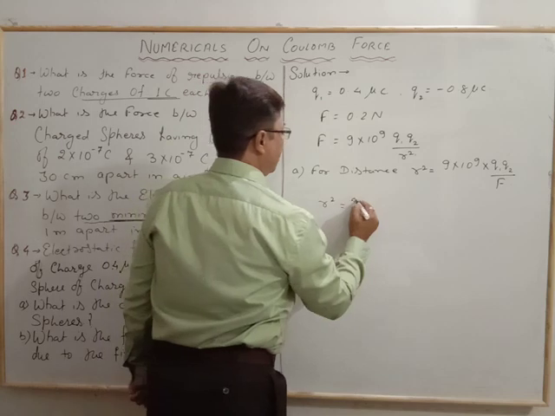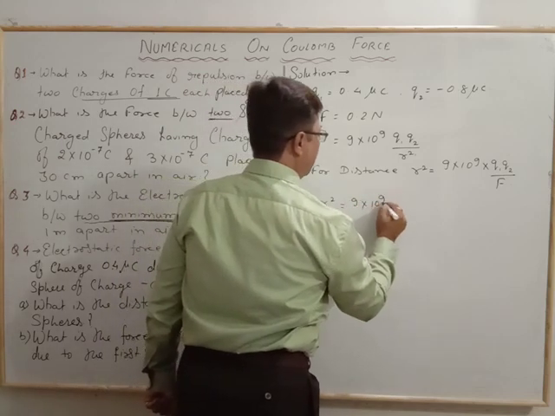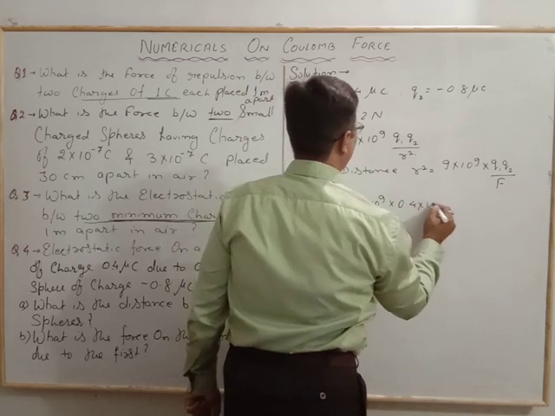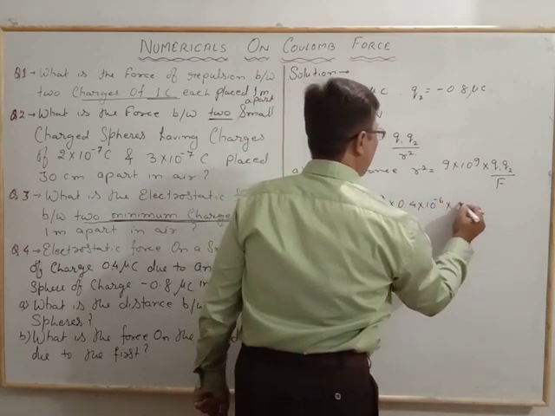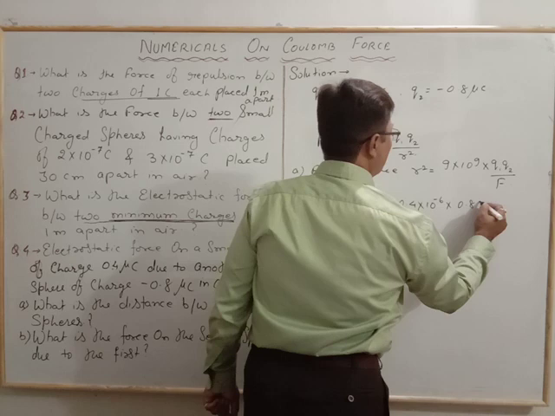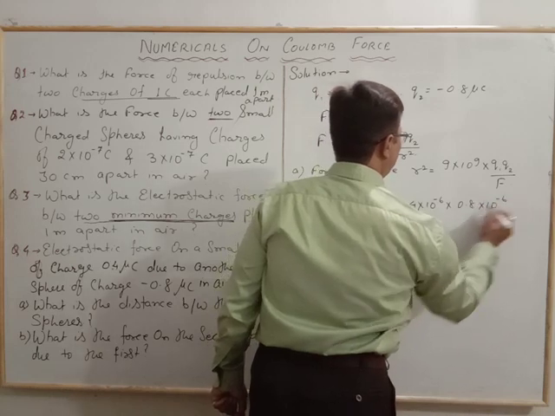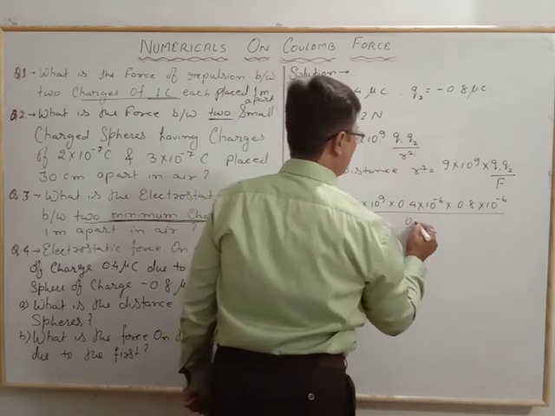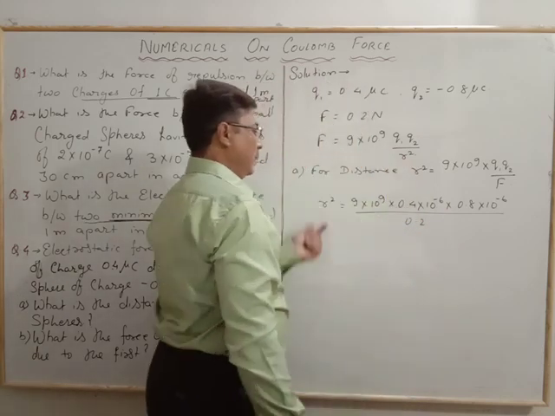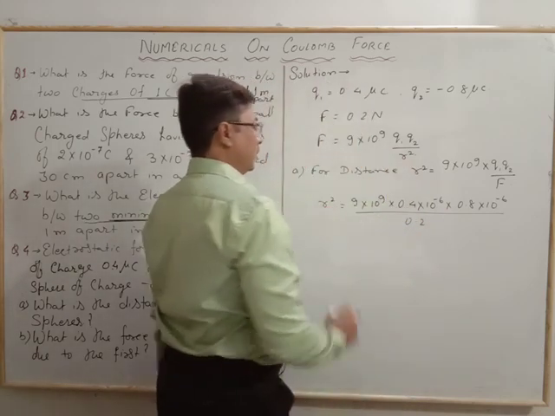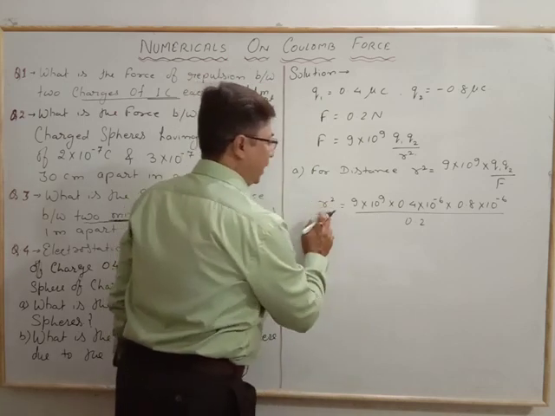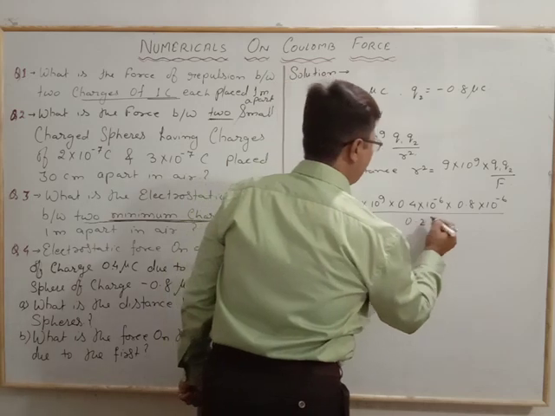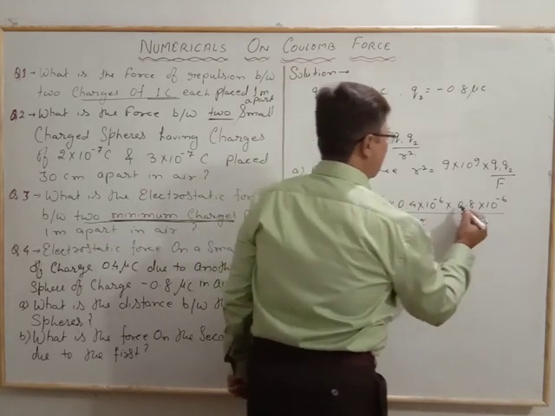So we have 9 × 10^9 times 0.4 × 10^-6 times 0.8 × 10^-6, divided by the force, 0.2 newton. Since it is r squared, we take the square root of this, and cancel the 4.